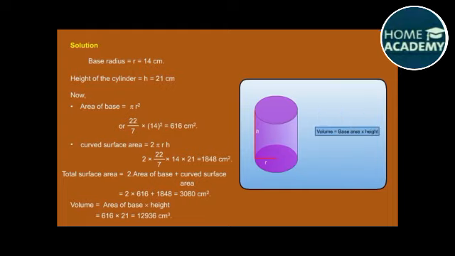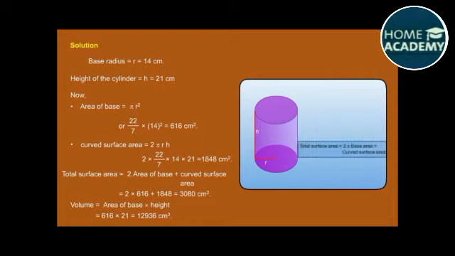Height of the cylinder H equals 21 cm. Now, area of base equals pi r square, or 22/7 into 14 square, equals 616 centimeter square.